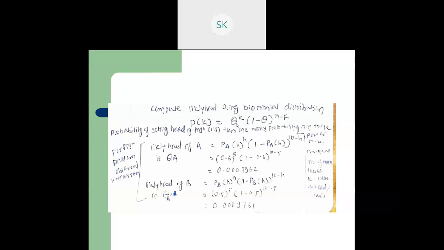As we have learned, let's say P and Q are two events, then probability of P times probability of 1 minus P, where 1 minus P is the event not happening. That is just replaced with the theta notations.